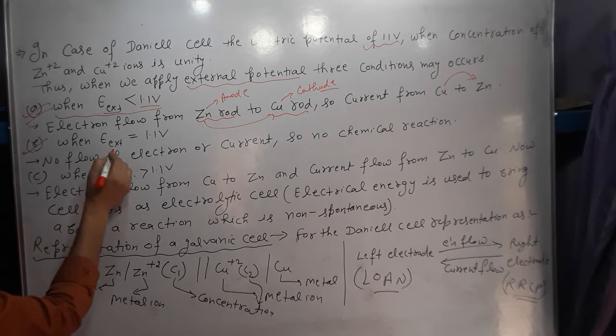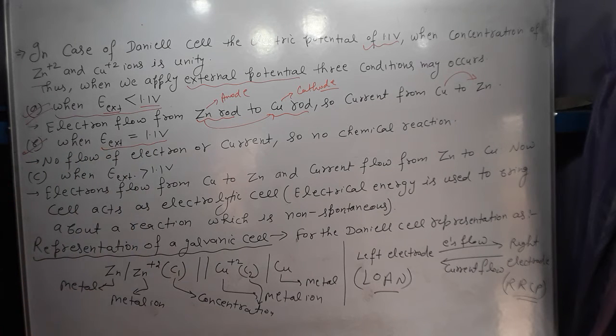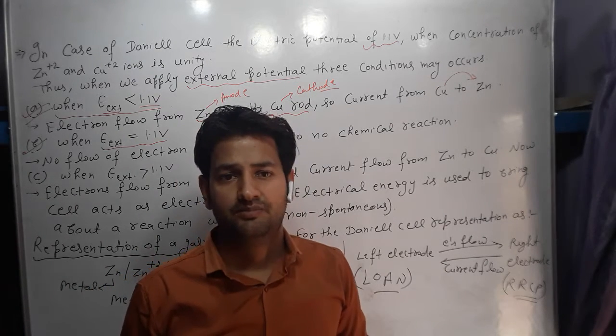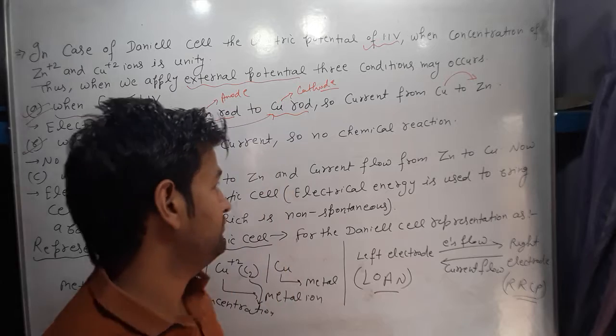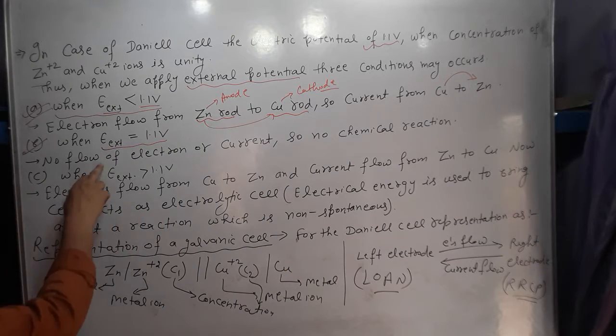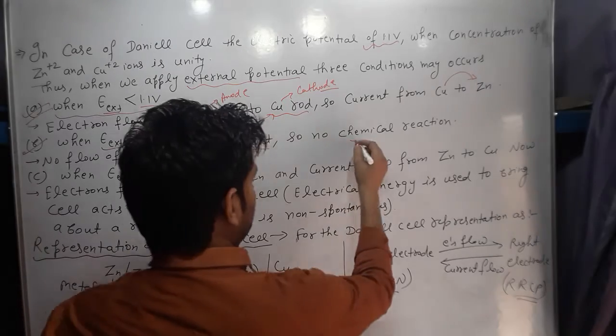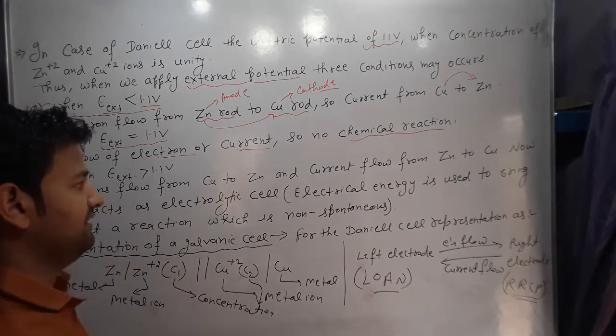In the second case, when the external potential is equal to 1.1 volt, the external potential and the potential of the cell become equal, and the cell stops working. No current flows, no electrons flow, so no chemical reaction takes place.